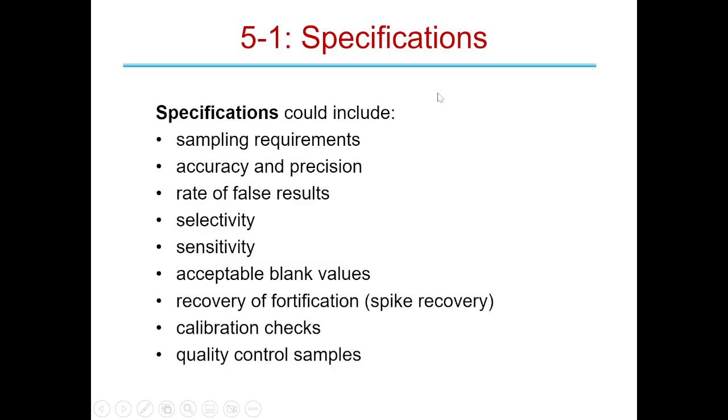So these specifications could include sampling requirements, accuracy and precision, rate of false results, the selectivity, the sensitivity, the accepted blank values, recovery of fortification, or another way of saying that is spike recovery, calibration checks, and quality control samples.